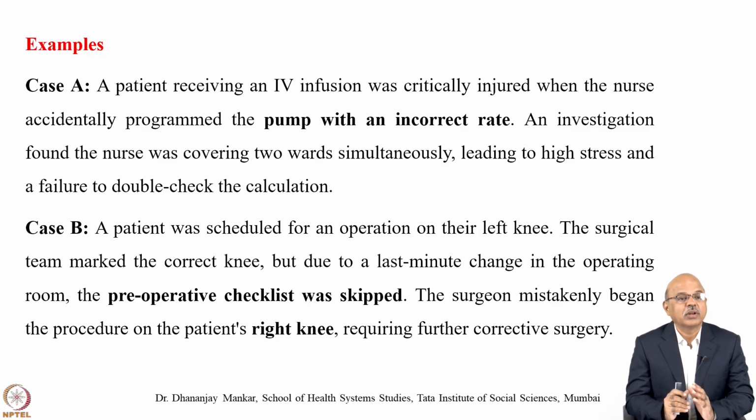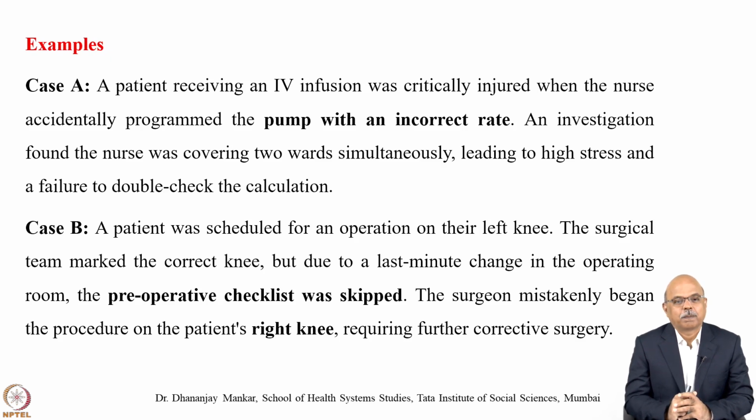An investigation found the nurse was covering two wards simultaneously, which means she was overworked. Stress and other issues she might have been facing led to this mistake, with high stress and a failure to double-check the calculation, which is very important.